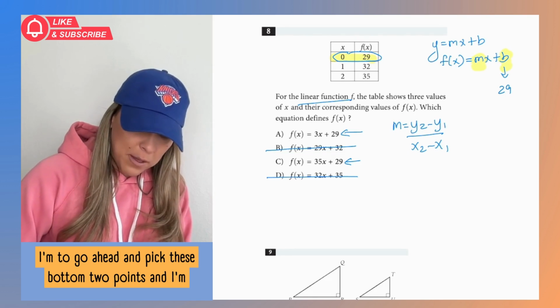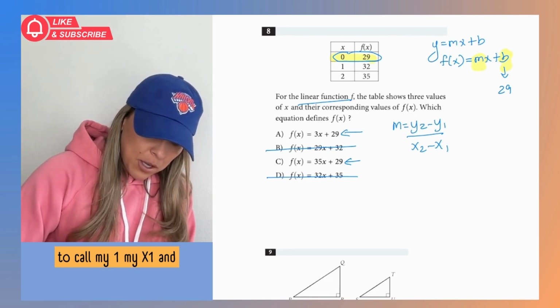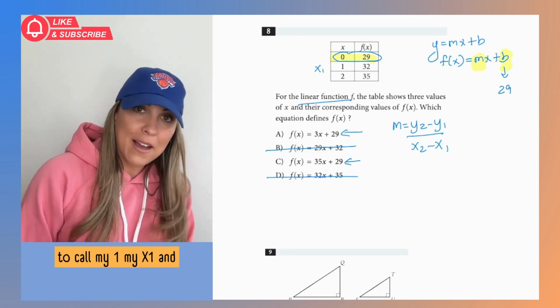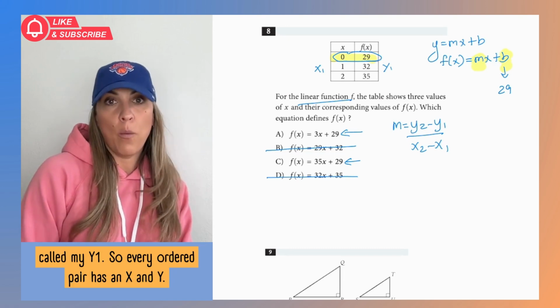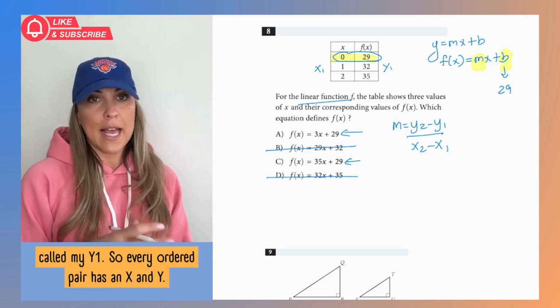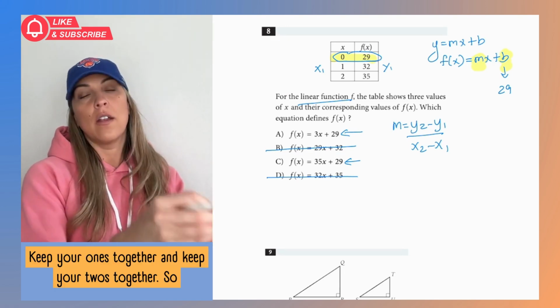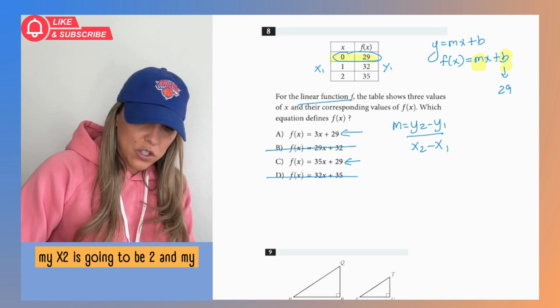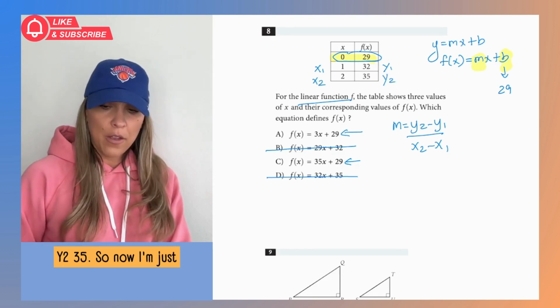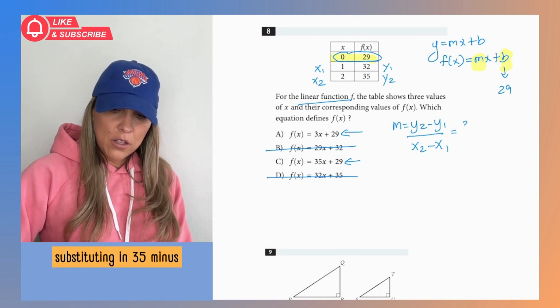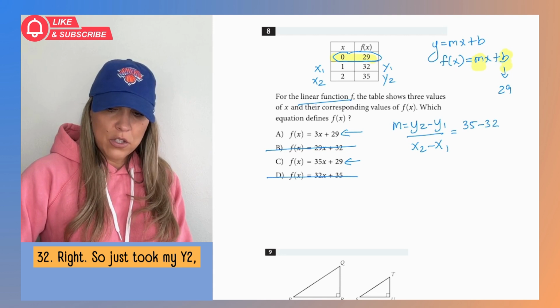So I'm going to go ahead and pick these bottom 2 points, and I'm going to call my 1 my x1. And if I call that my x1, then my 32 needs to be called my y1. Every ordered pair has an x and a y. Keep your 1s together and keep your 2s together. So my x2 is going to be 2, and my y2 is going to be 35. Now I'm just substituting in 35 minus 32, right?